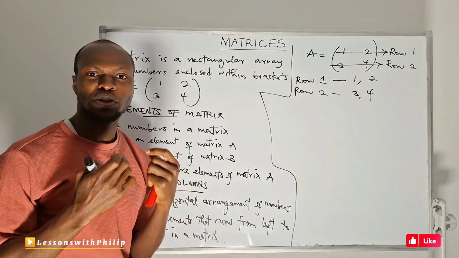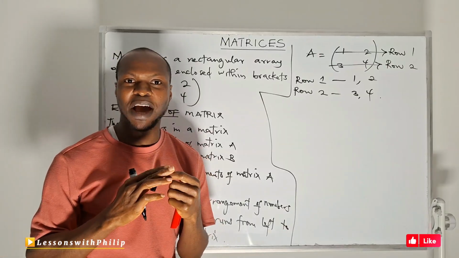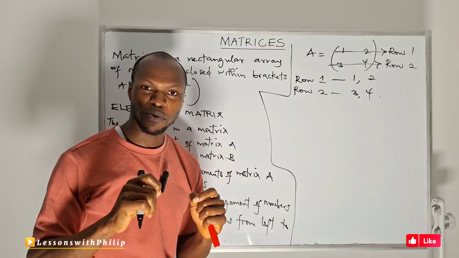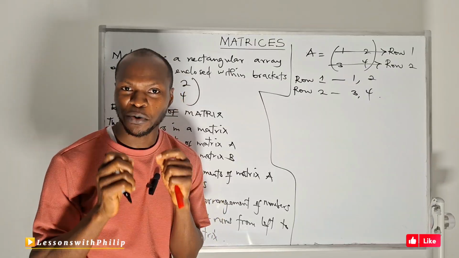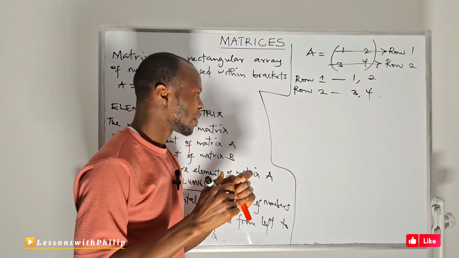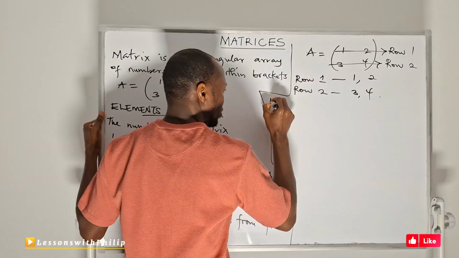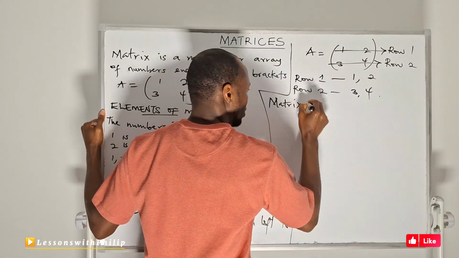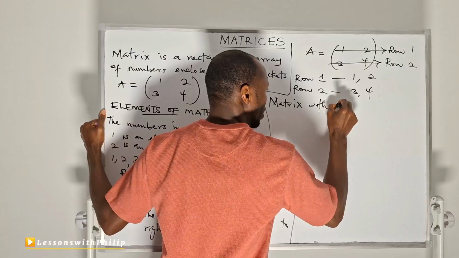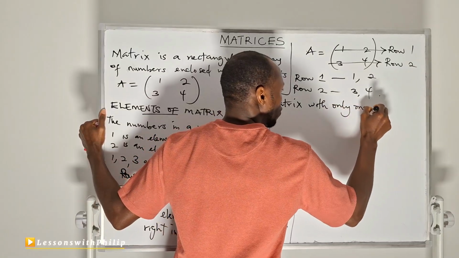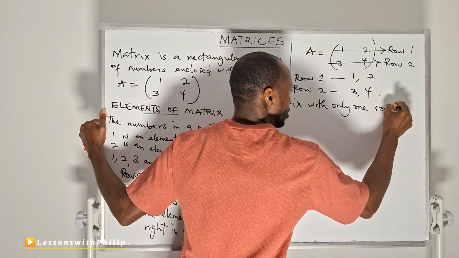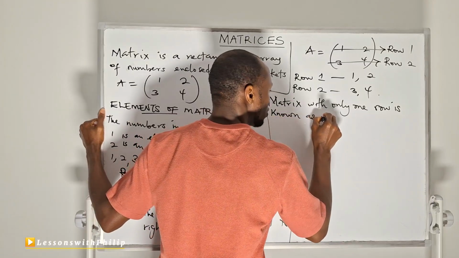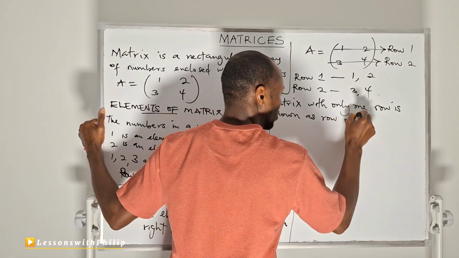Perfect. Now, sometimes a matrix can have only one row. Those matrices that have only one row are specially referred to as a row matrix. A matrix with only one row is known as a row matrix.